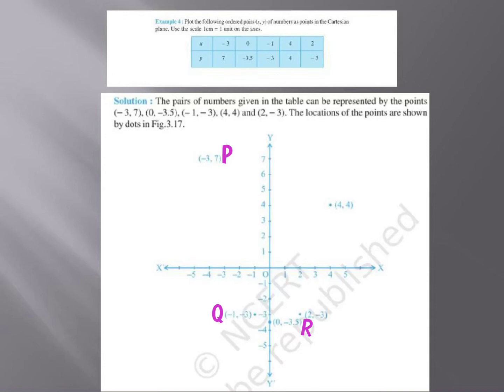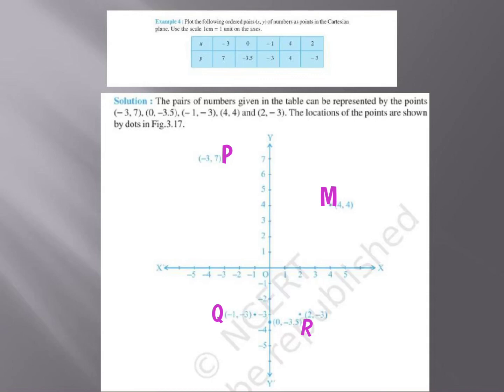For the next point, x coordinate is 4 and y coordinate is also 4. So you have to draw a straight line from 4 on the x-axis towards +4 on the y-axis, that is towards the OY direction, and from 4 on the y-axis towards +4 on the x-axis, and you can see that they both are meeting each other at point M. So the coordinates of point M are (4, 4).